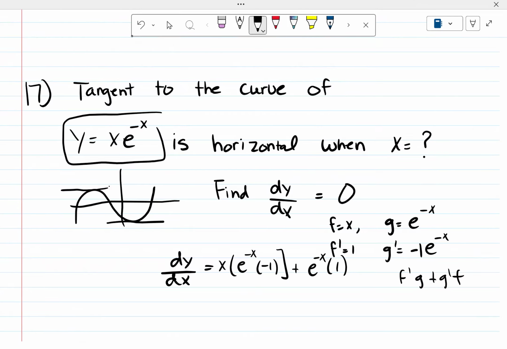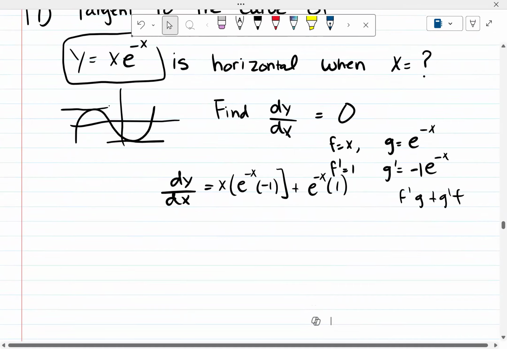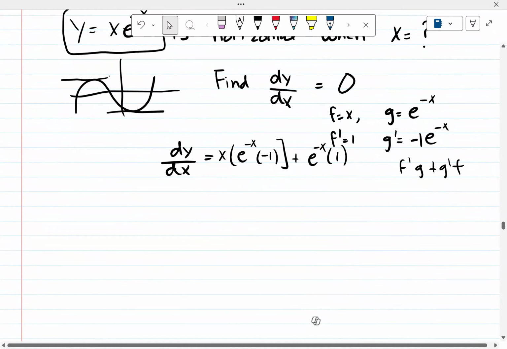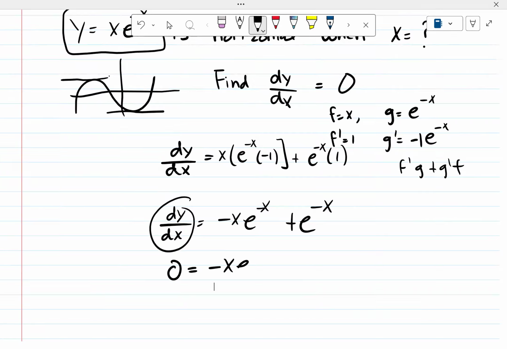So you get dy/dx, when you clean this up, equals negative x e to the negative x plus e to the negative x. Okay, so we found dy/dx. Then what we've got to do is set this to 0 and somehow solve for x.